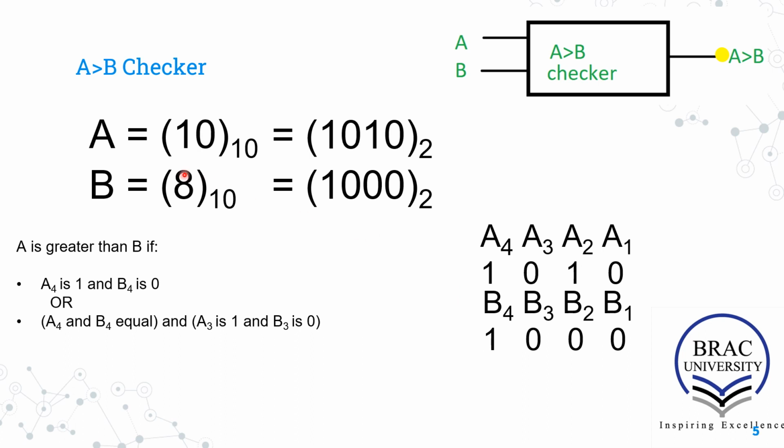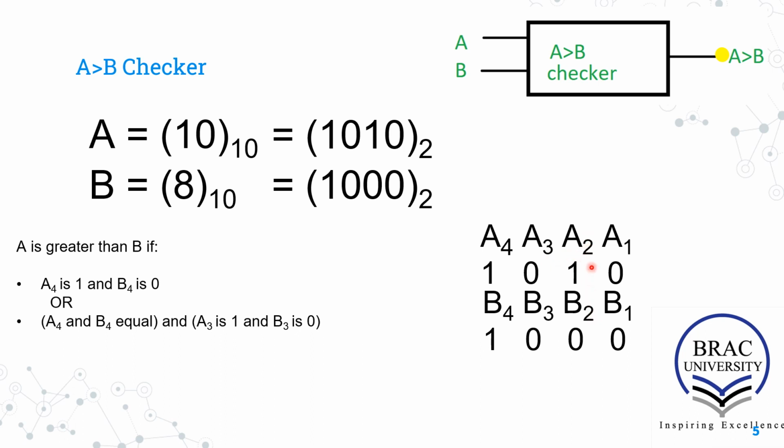Now let's look at another case where A is greater than B. So the value of A is 10 and the value of B is 8, and this is their binary representation. Now let's look at their values. A4 and B4 are equal. A3 and B3 are also equal. So looking at A4, A3 and B4, B3, we don't know for sure if A is greater than B. So only then we will look at A2 and B2.